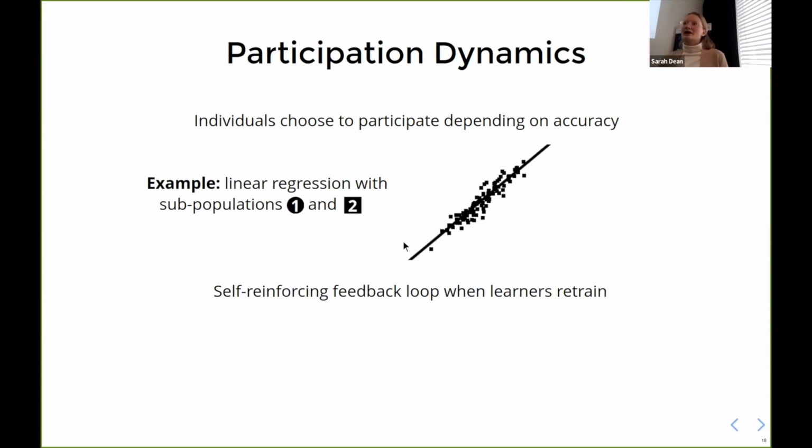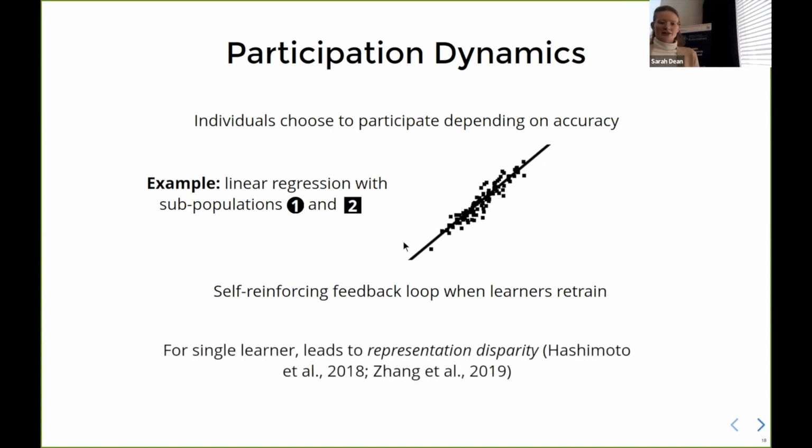Naive retraining by a learning service. And this version of the dynamics was proposed by Hashimoto et al. in 2018 in the case of just a single learning system. And it was used to investigate the idea of representation disparity as a notion of fairness. So how minority populations might have errors amplified over time and essentially be poorly served by these services.